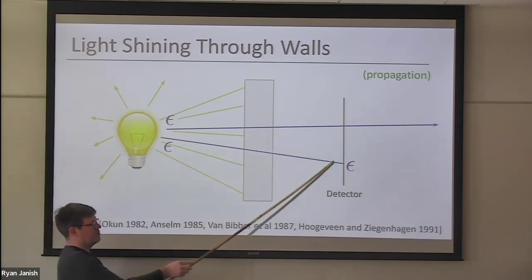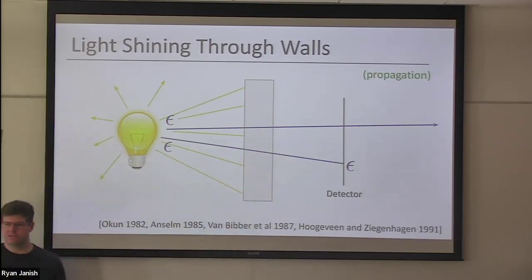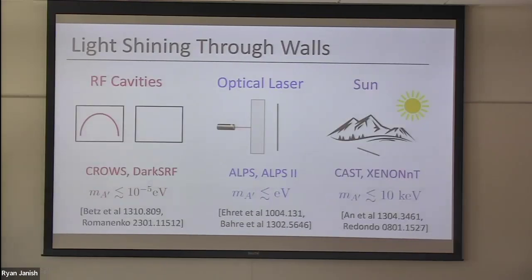And then with some small probability, they interact with your detector. So you have the same physics happening in both ways of thinking about it. This is a good idea, so people are doing these experiments.